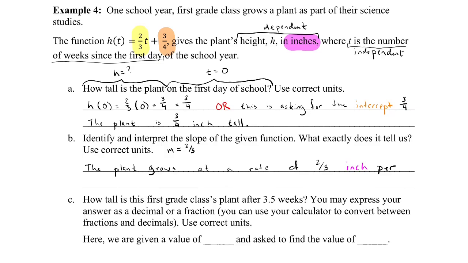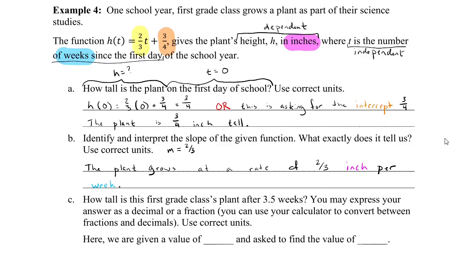So t is the number of weeks. So the units of t are weeks: 2/3 of an inch per week. So the slope is the rate of change. In this case, the slope tells us how fast the plant is growing.